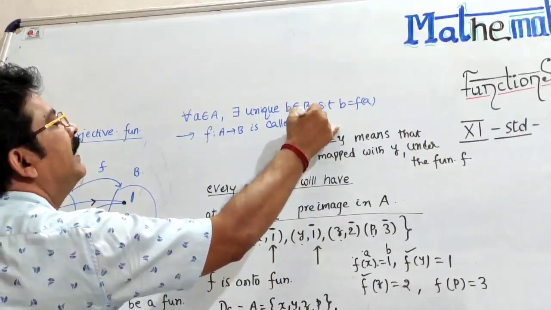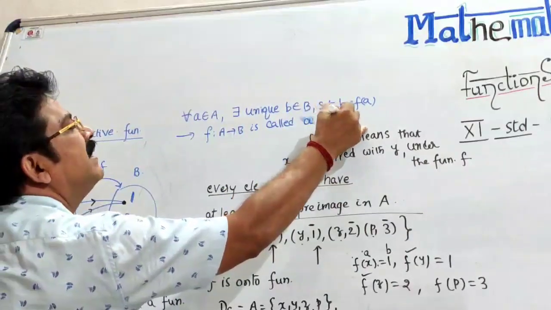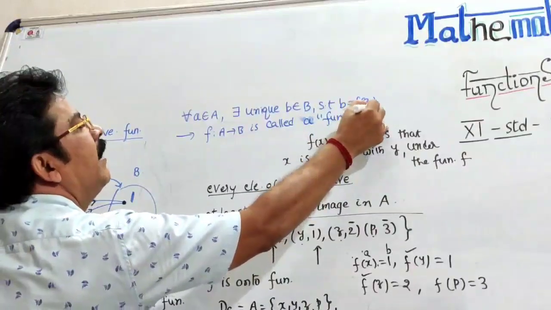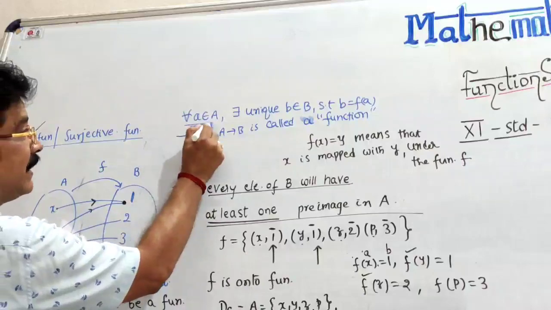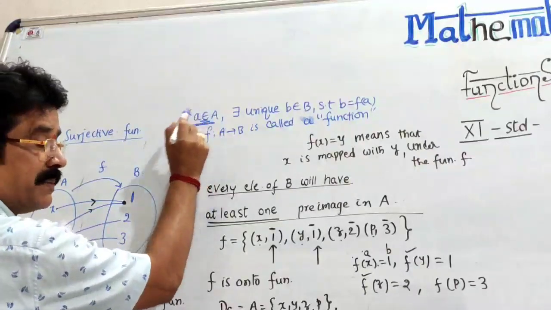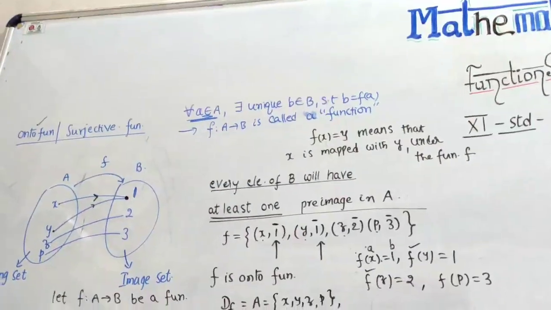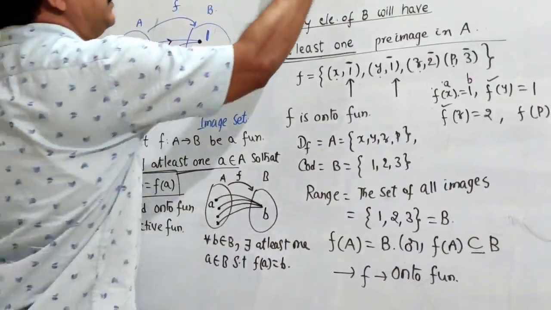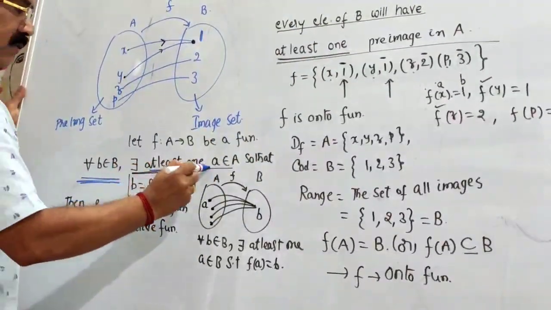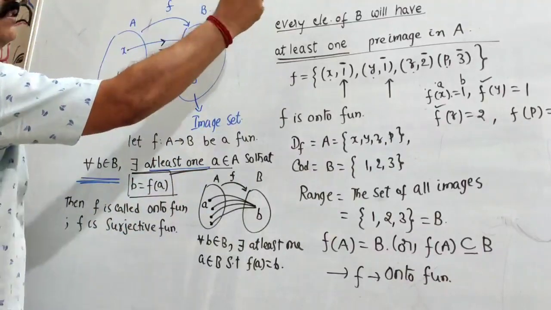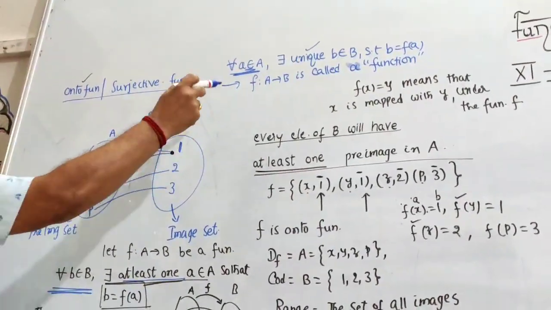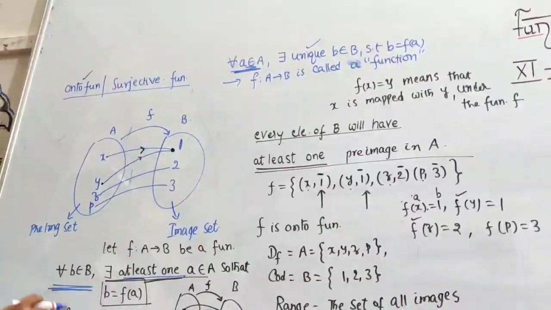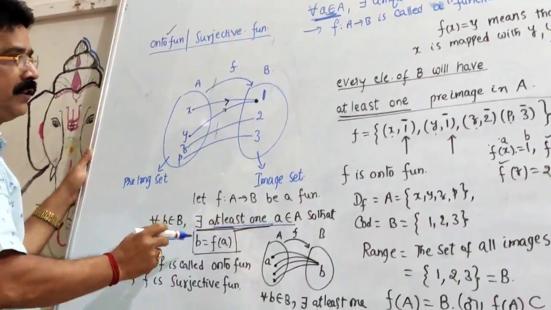The definition starts with for all A belongs to capital A, unique. For the onto function, for all B belongs to capital B, at least one. The remaining conditions are the same, f of A equal to B. So it is the definition of the function, and it is the definition of the onto function.